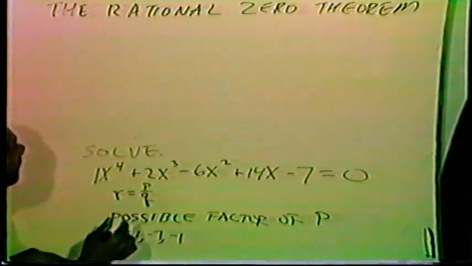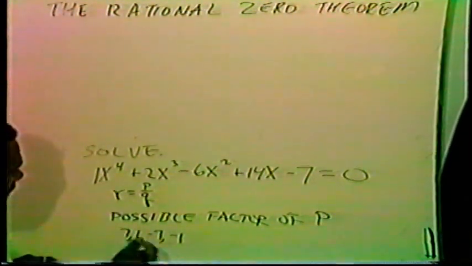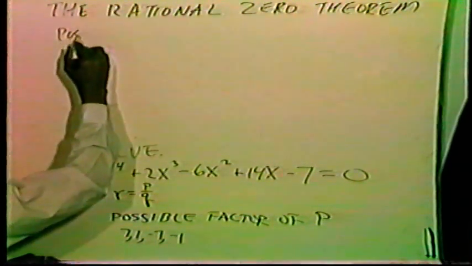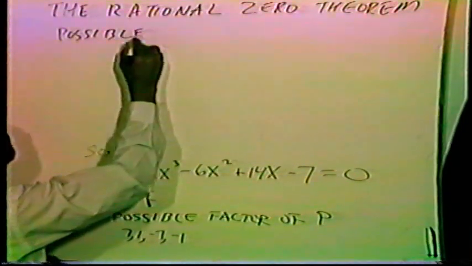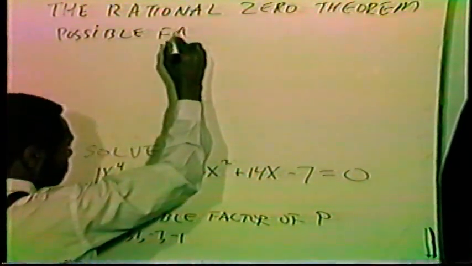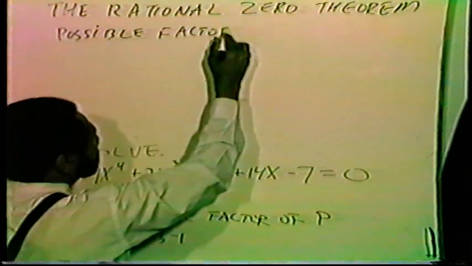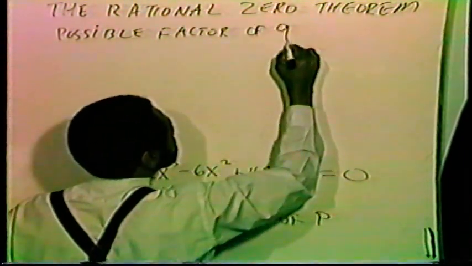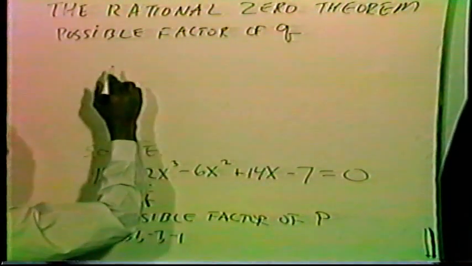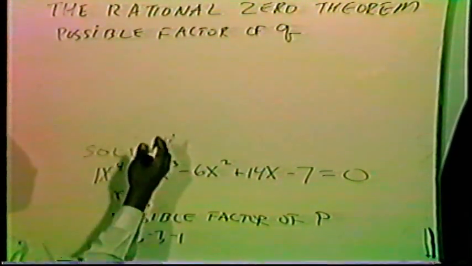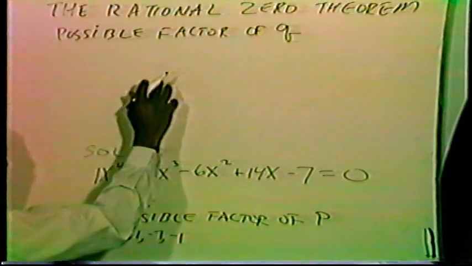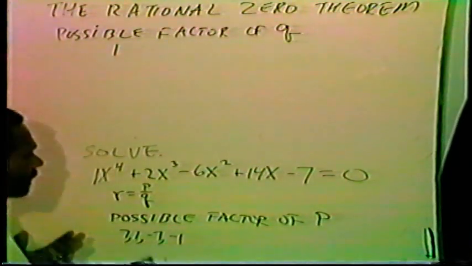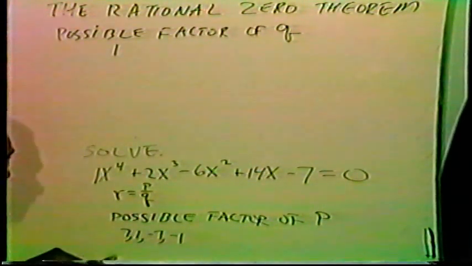So since we've already used positives and negatives here, for the possible factors of the denominator, or for the possible denominators, which is what we really have, we would have just 1. That's all we have to worry about, because we have positives and negatives here.